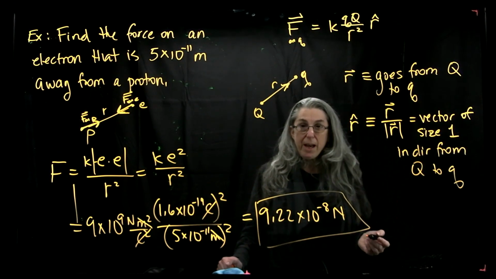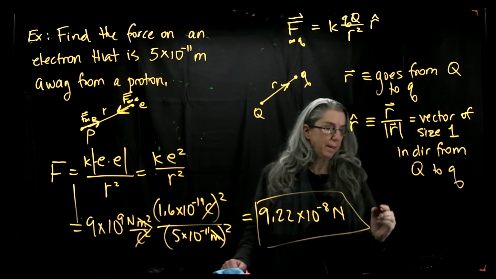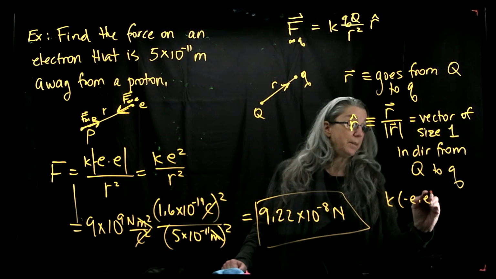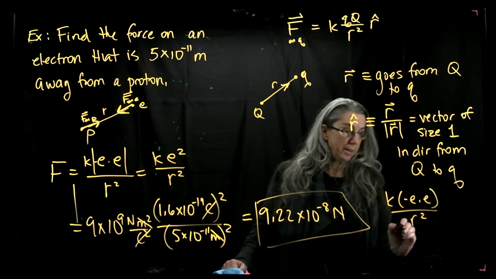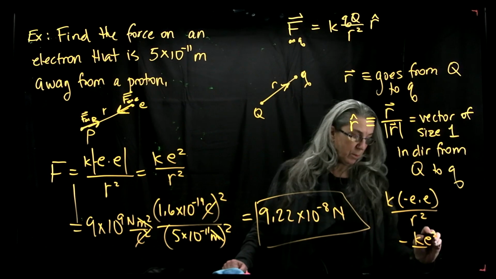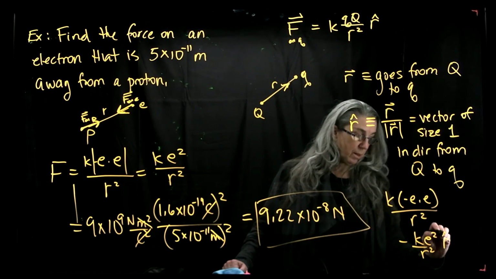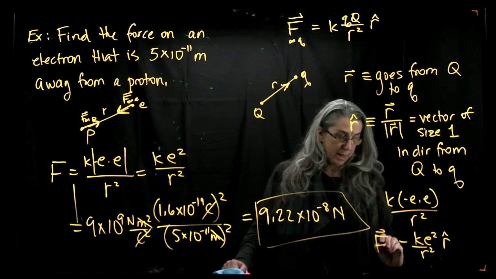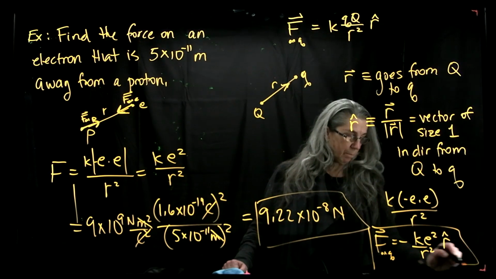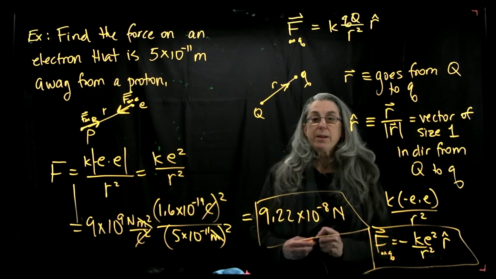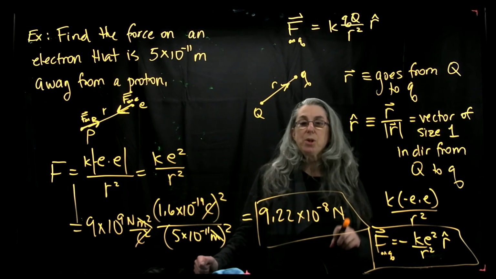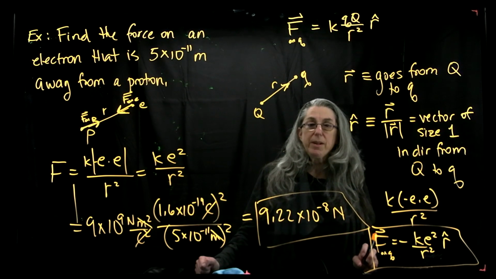Now when we flip that, which is what will happen because we're going to get a minus sign, when we get k times minus e times e without the absolute value signs, that becomes minus k e squared over r squared r hat. And it is a vector now, and it's on little q. So now you have to remember that r goes from the source charge to the charge you want to find the force on.